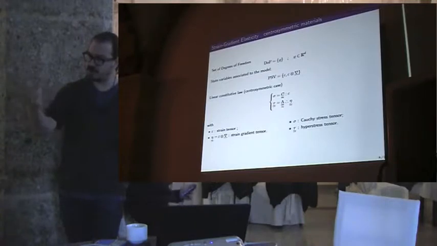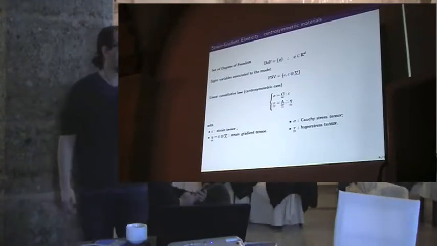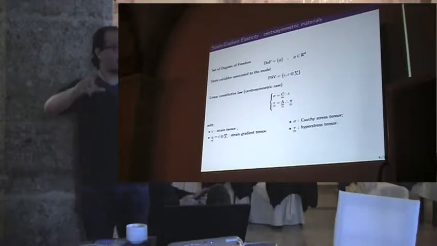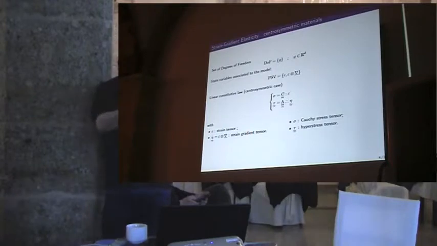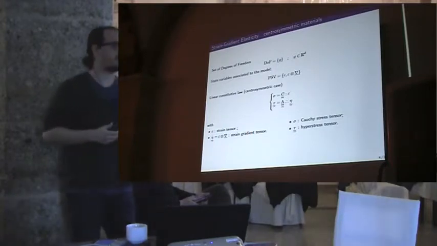And so you obtain in your formulation a third-order tensor, which is the strain gradient. By duality, you will also obtain another measure of stress called the hyperstress.